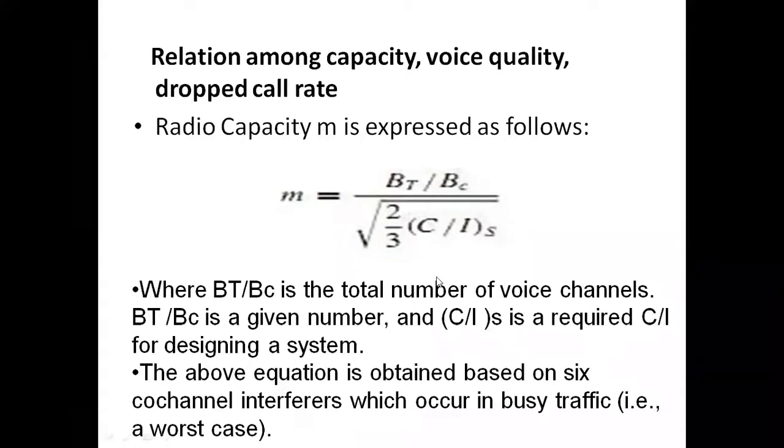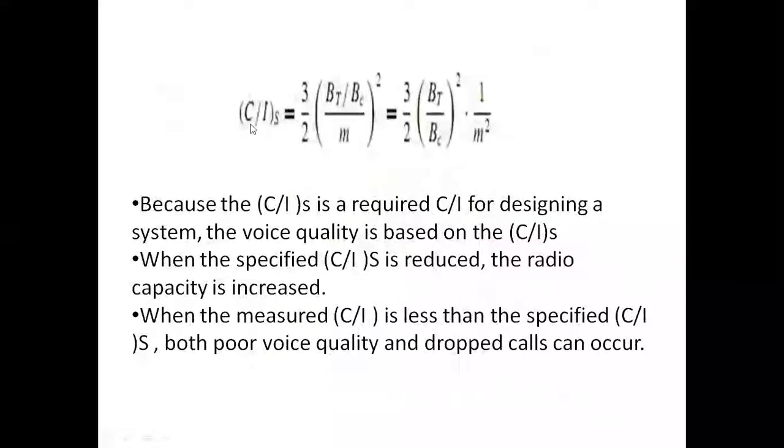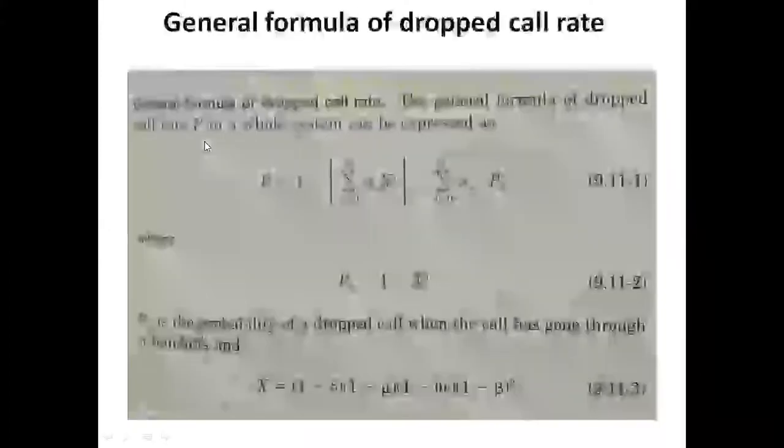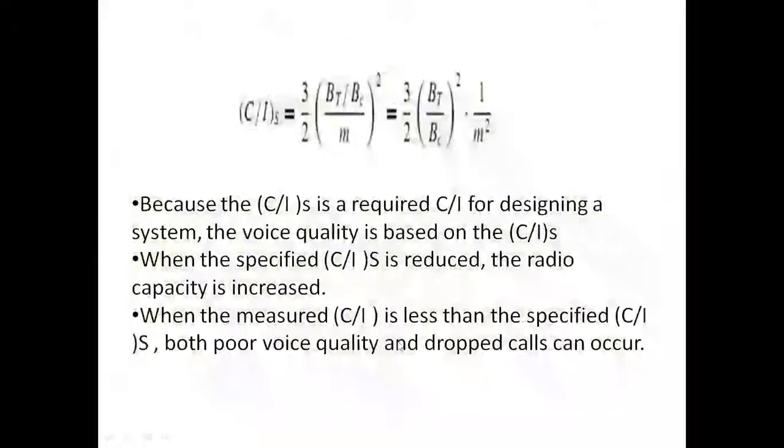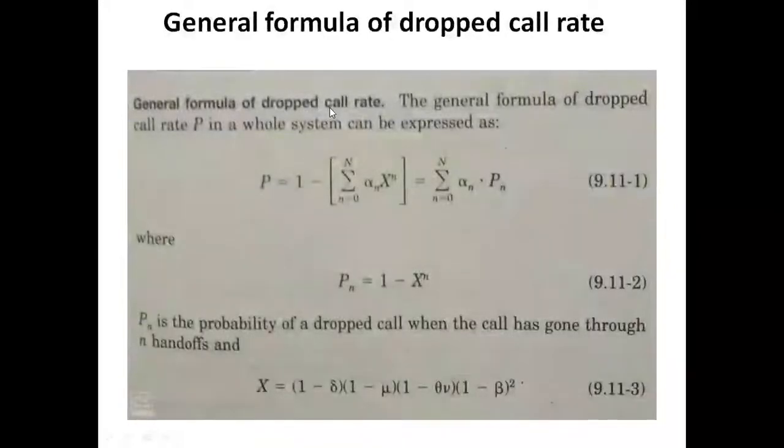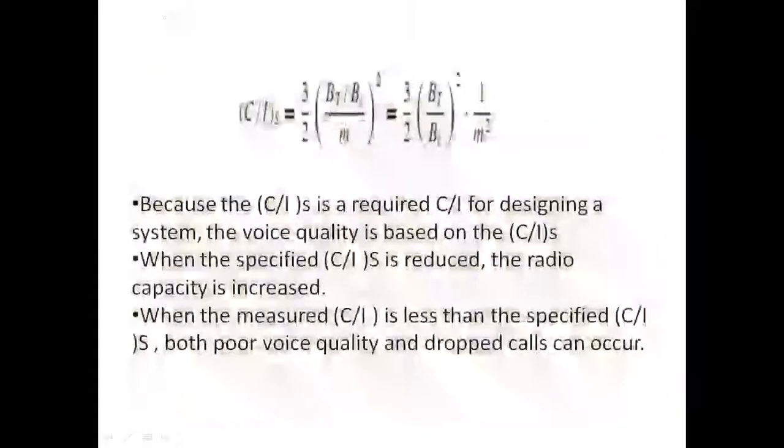This is the required C by I value. If our measured C by I value in that particular area is less than the required C by I value, then the voice quality is poor and dropped calls can happen. With better voice quality, there is a minimum number of dropped calls.